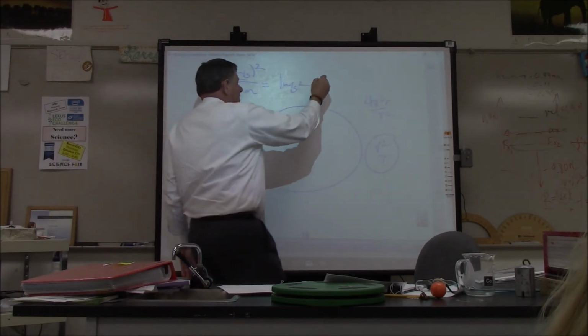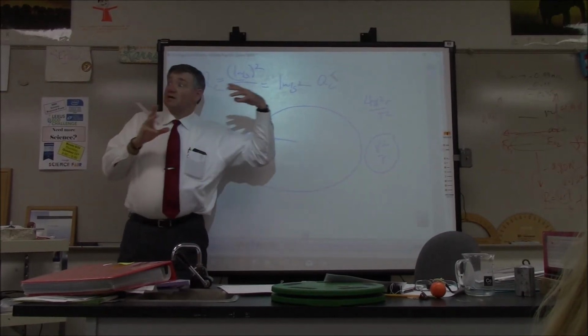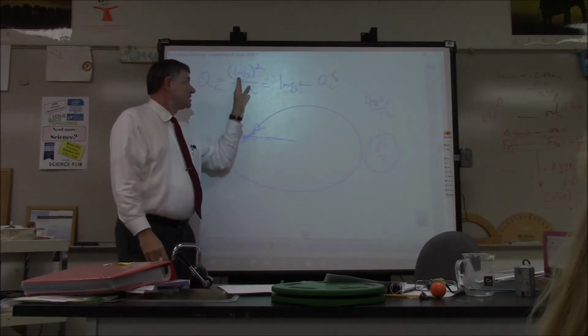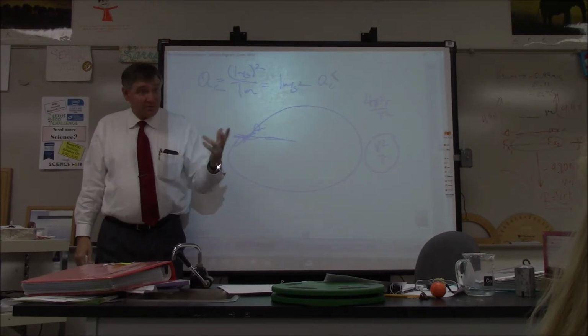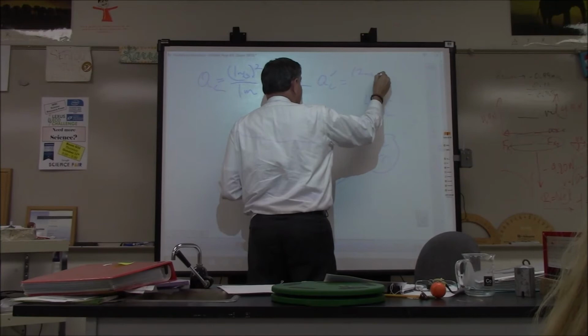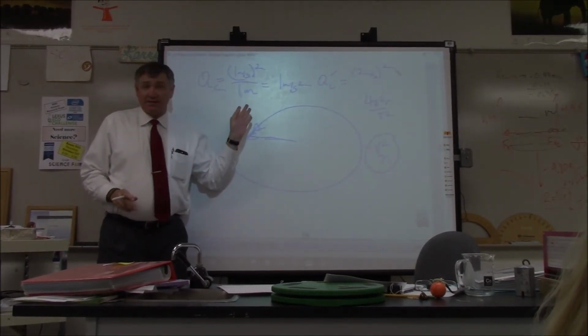Now, then we're going to look at what we call a_c prime. Okay, so this is the new set of conditions. So instead of 1 meter per second, what's going to become the speed of the plane? 2, because you're told that it doubles. Okay, so that's going to be 2 meters per second, but that's going to get squared. Now, what are we going to do with the radius?